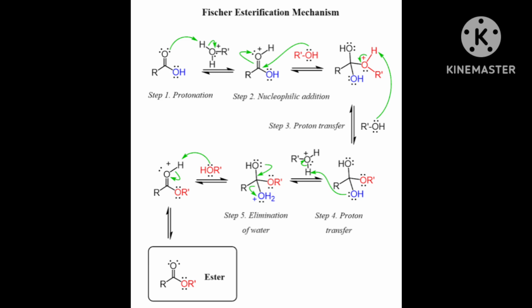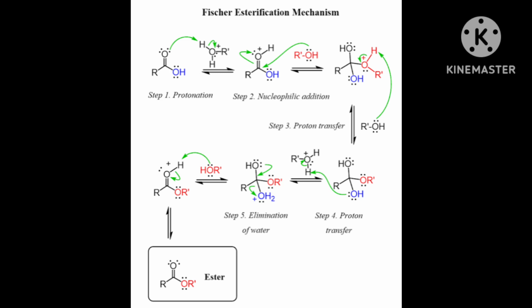In a simple way, charge development has now taken place. In the carboxylic acid there are two charges, positive and negative, and on this side also ROH has positive and negative, hydrogen positive and oxygen negative.